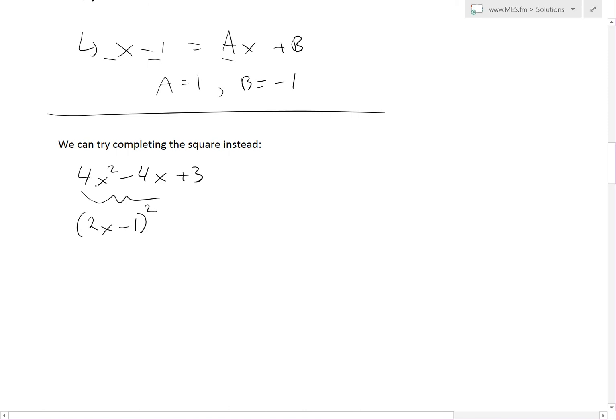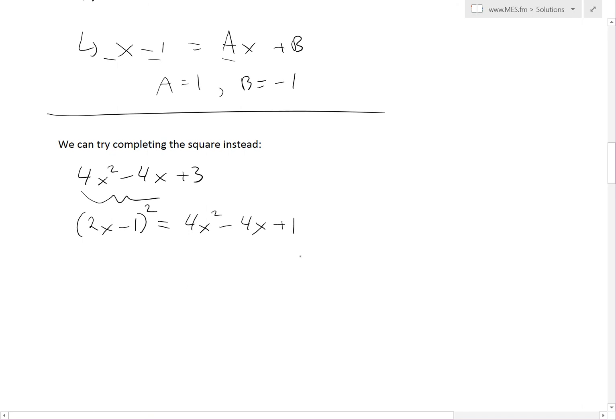To get that, we need to do 2x times 2x. And then this is negative 4x, and this adds up to negative 2 plus negative 2. If you expand this out, this is 4x squared minus 4x, and multiply 1 by itself, that's just going to be plus 1. So that's what this part equals.